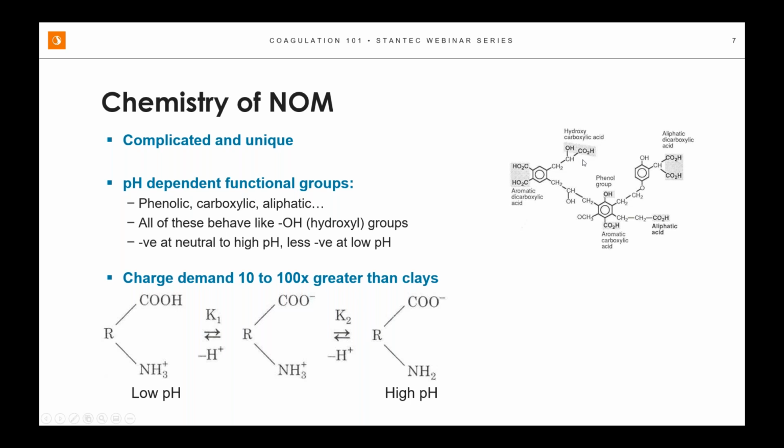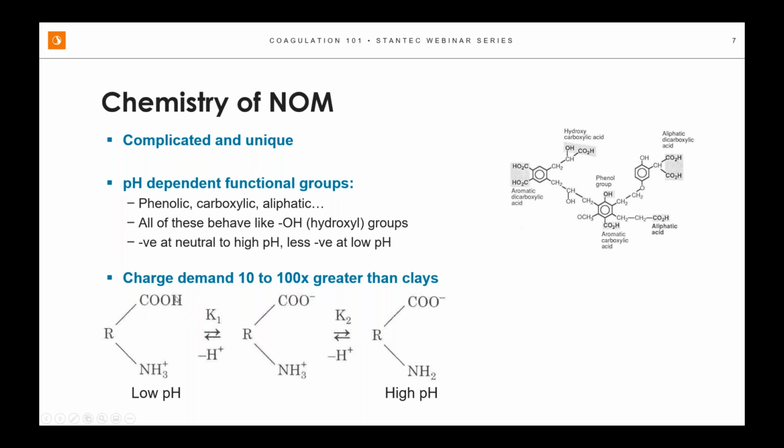Hydroxide, carboxylic acids, phenolic, it doesn't matter. From the perspective of what we need to know, all of these behave generally like hydroxide groups. So just like the particles, they're negative at neutral to high pH, and they're less negative at low pH.